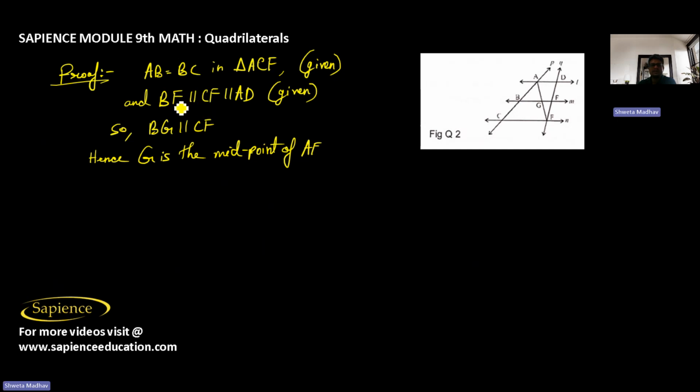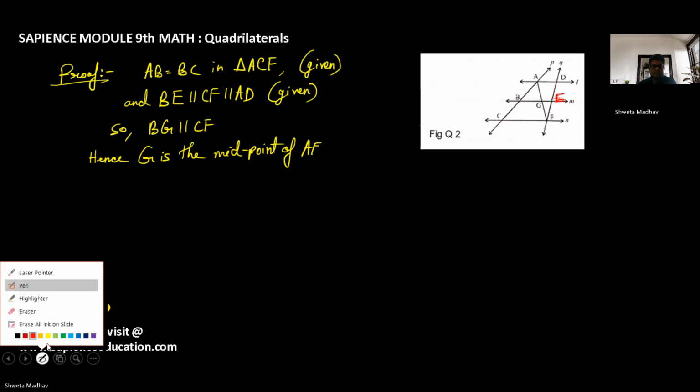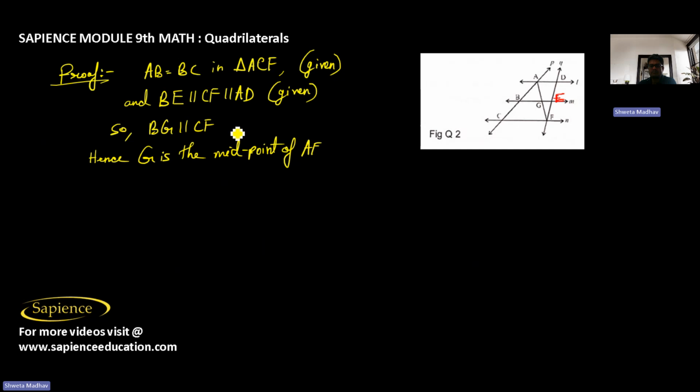And BE is parallel to CF, which is parallel to AD. So this is E actually, this is not F. So BG is parallel to CF, and so G is the midpoint of AF by using the converse of midpoint theorem.